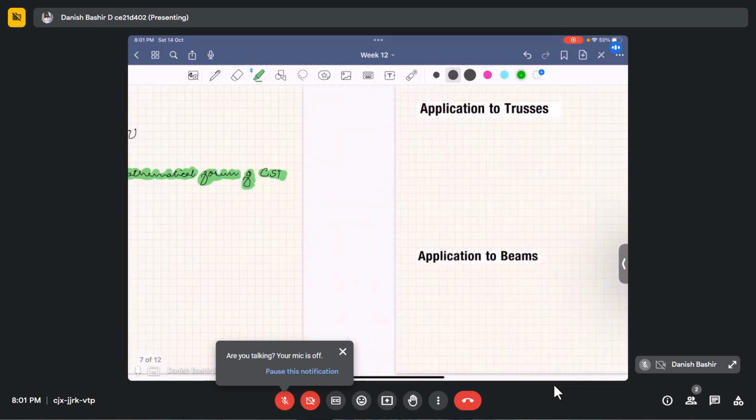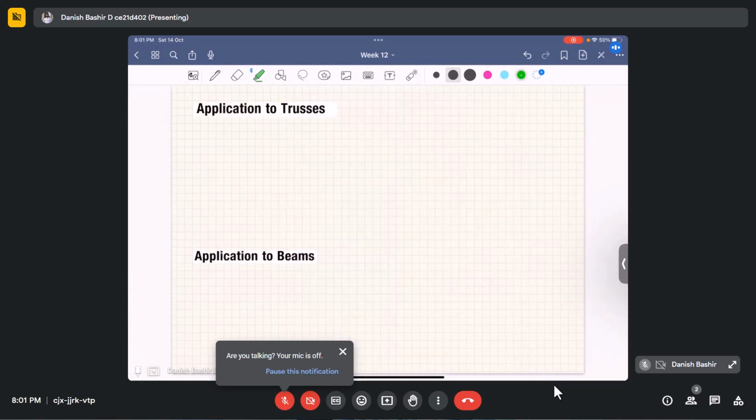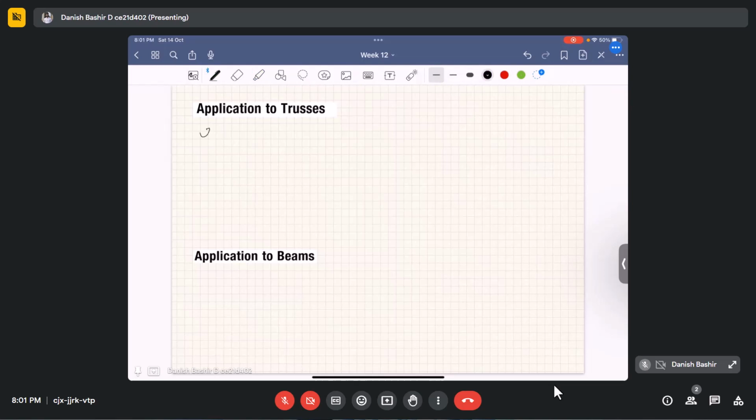So first, for the application to trusses, in trusses this strain energy is given as follows.